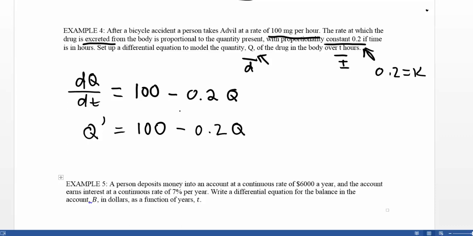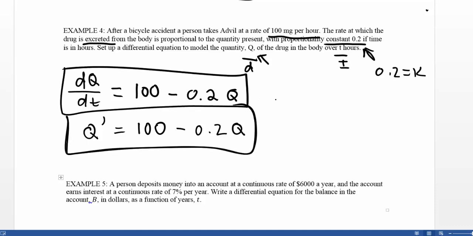If we are trying to determine if our quantity of drug in the body is increasing or decreasing, it depends on the value of Q, how much of this drug is currently in the body.